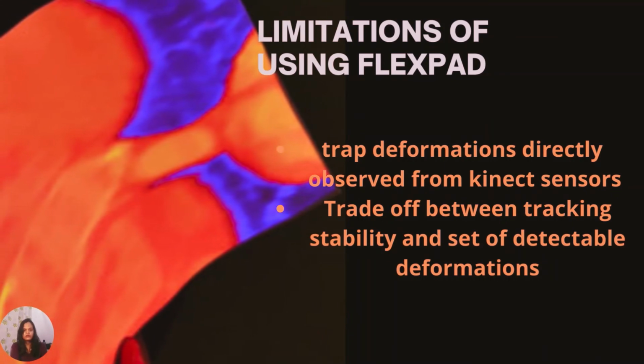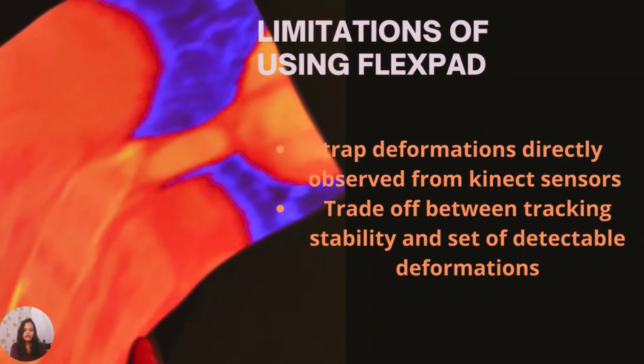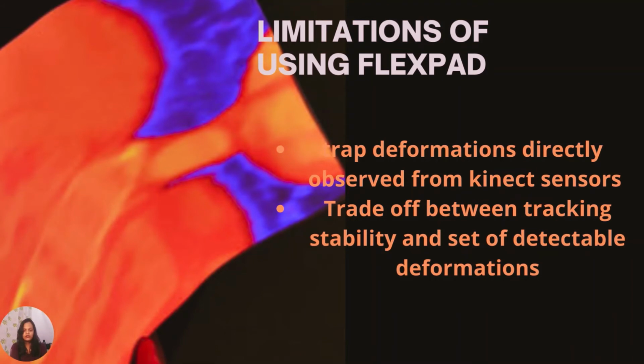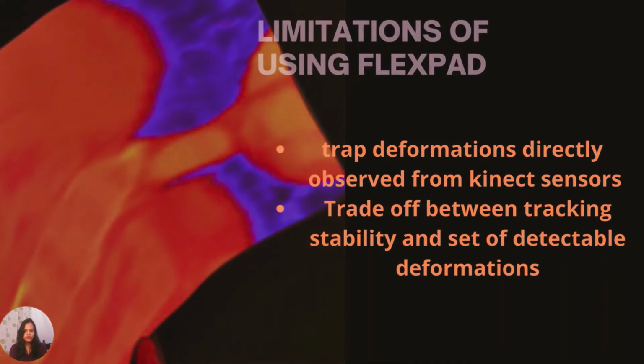Now, like everything, Flexpad also has its limitations of usage, like trapped deformations directly observed from Kinect sensors. Secondly, a trade-off between tracking stability and the set of detectable deformations.